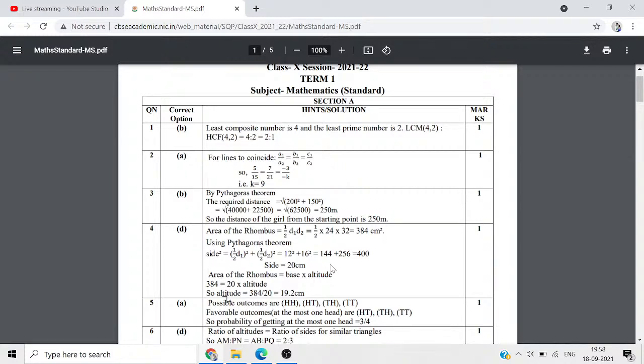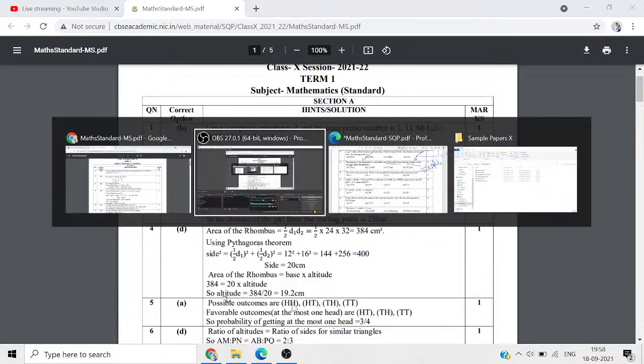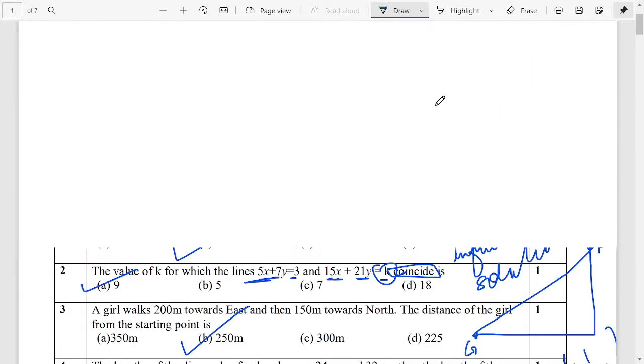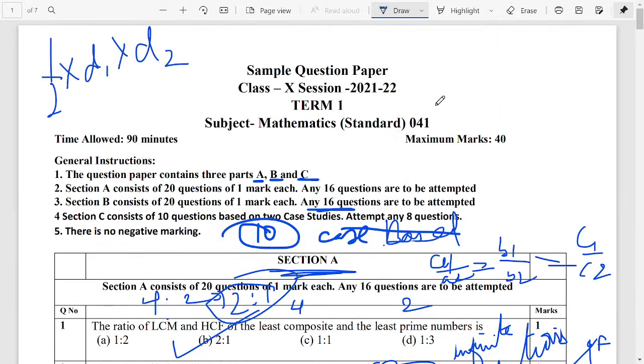So with this you can get 400, so side will be 20. So area of the rhombus is base into altitude, so 384 is equal to 20 into altitude. That will give you 19.2 centimeters as your answer. So your answer becomes 19.2 centimeters, D. This was quite conceptual because you should know that there are basically two formulae for calculating it.